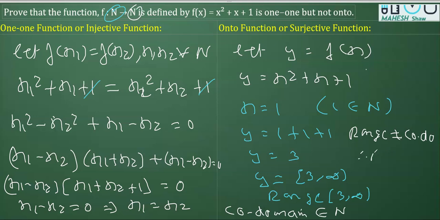Therefore, it is not an onto function. As you can see clearly, our codomain is 1, 2, 3, 4, and so on. But the elements 1 and 2 are not part of the range, or we can say 1 and 2 are not the image of any element of the domain, and that's why it is not an onto function.